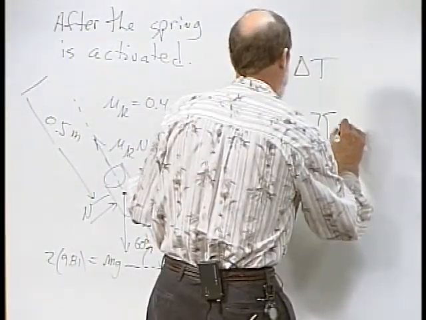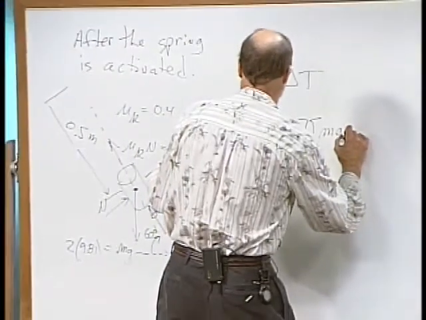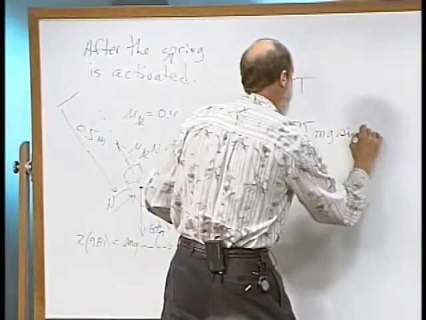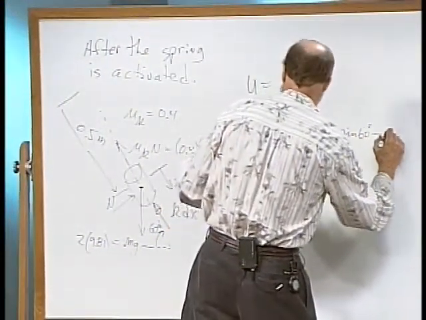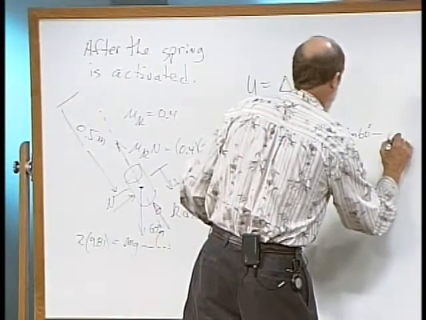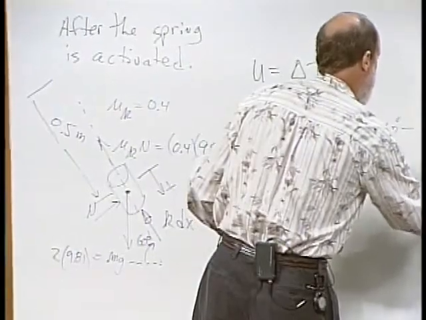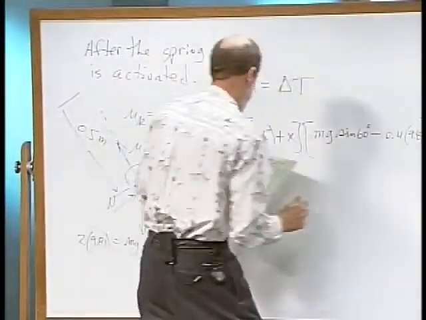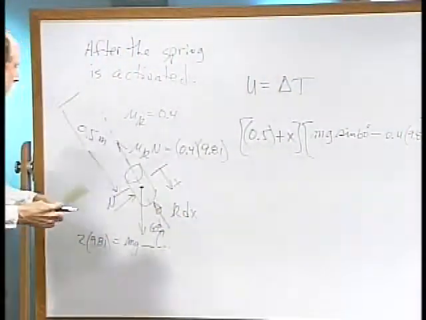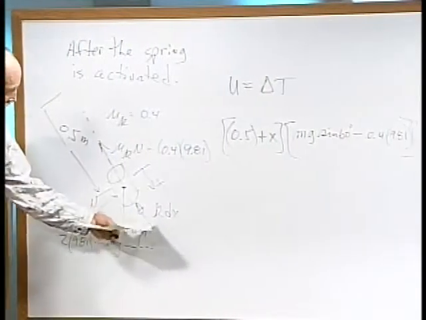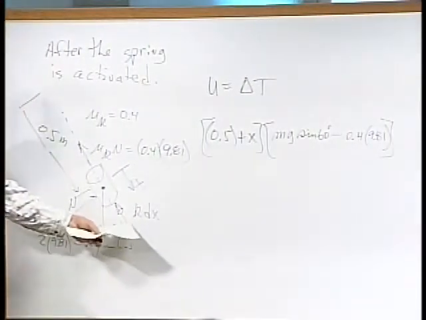That's going to be mg sine of 60 degrees minus the 0.4 times 9.81, and then we have to compute the work done by this term.